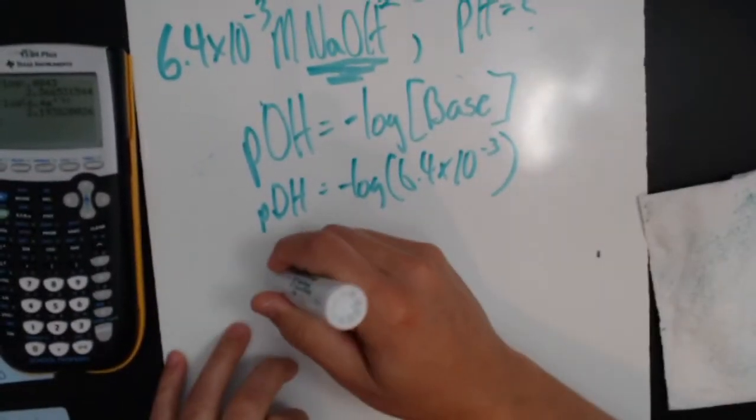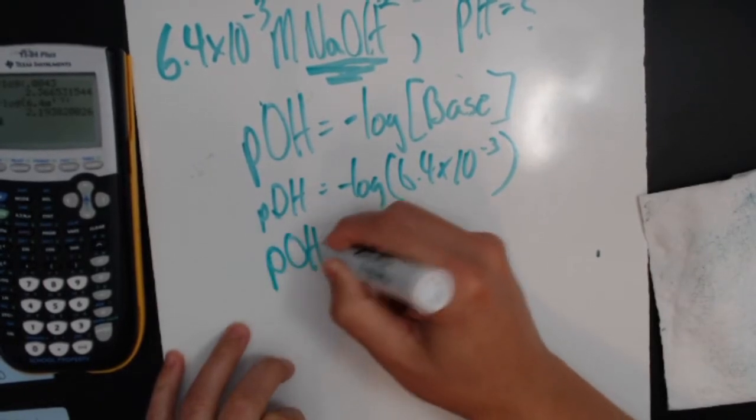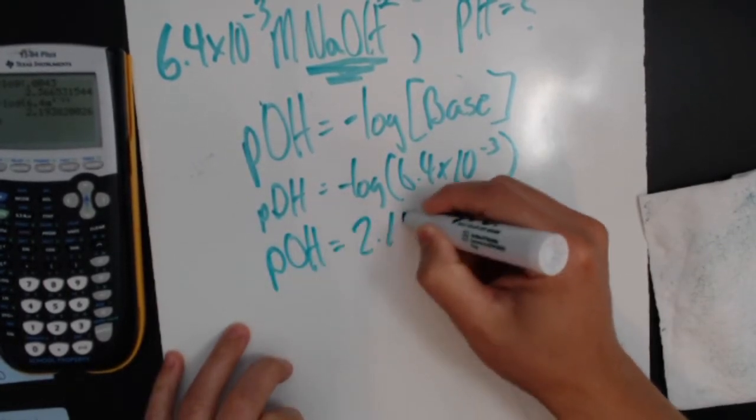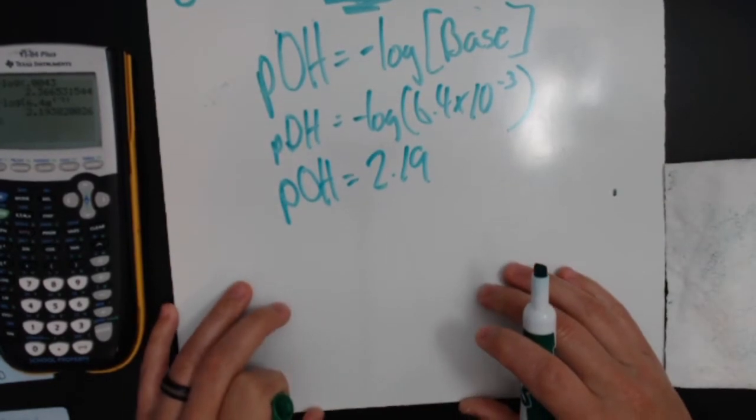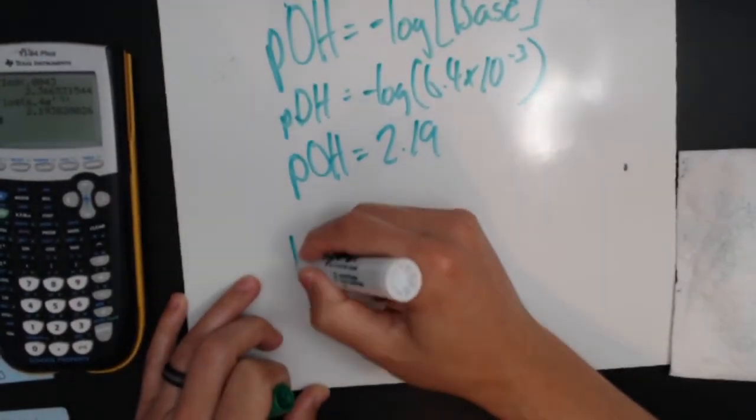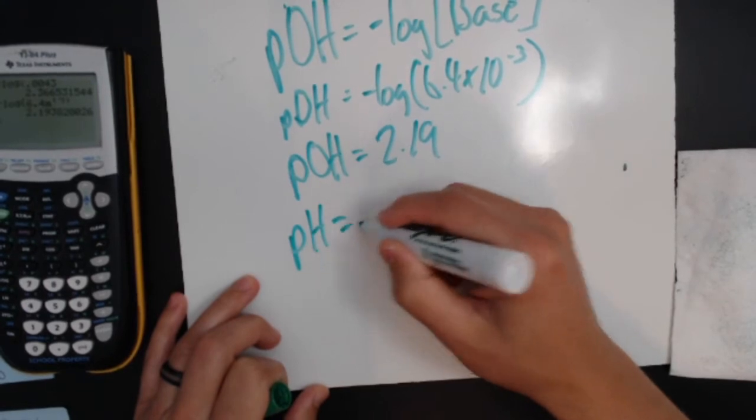So our pOH is 2.19. So how do we find pH? We take that number and we subtract it from 14.